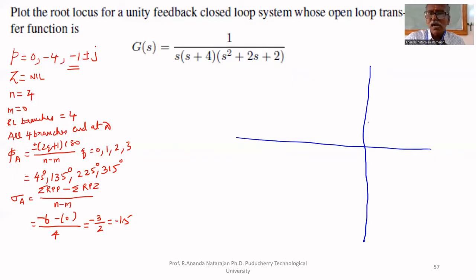The poles are one pole at the origin, then minus 1, minus 2, minus 3, and minus 4.